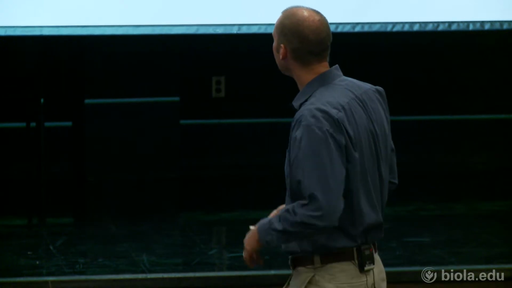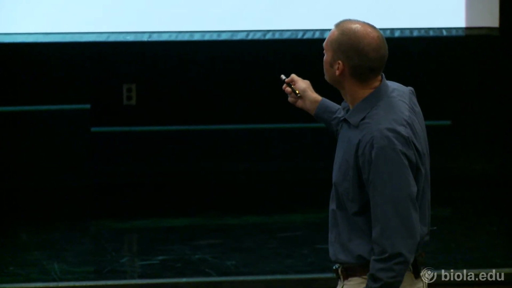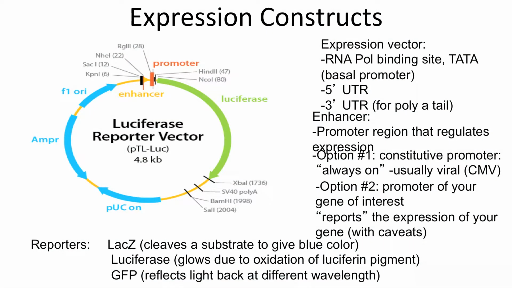Okay? So here's an example of an expression vector. It's got an origin of replication. It's got an ampicillin resistance gene. So this is an expression vector that's based on a bacterial plasmid. This would grow in bacteria, right? And then we have put luciferase.